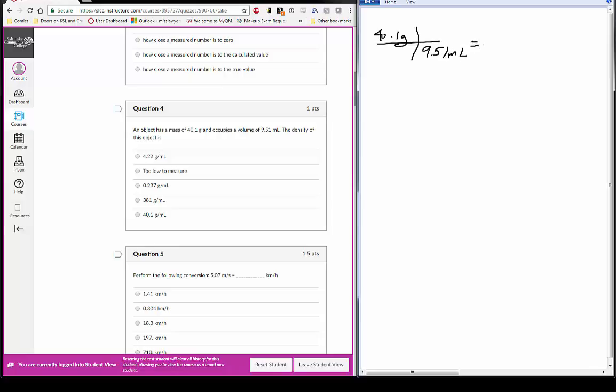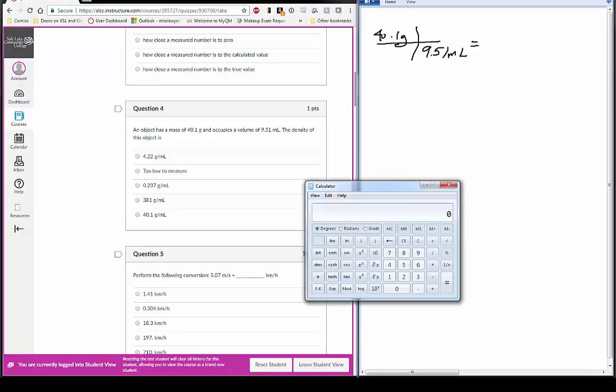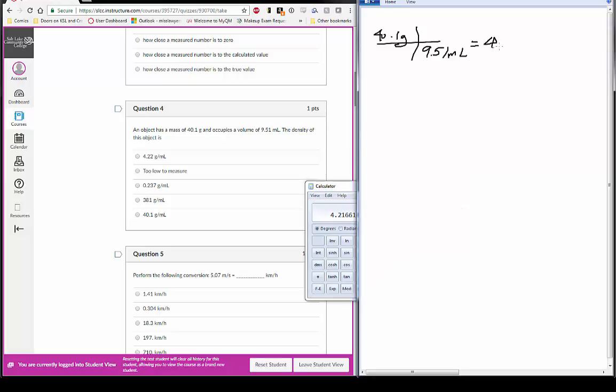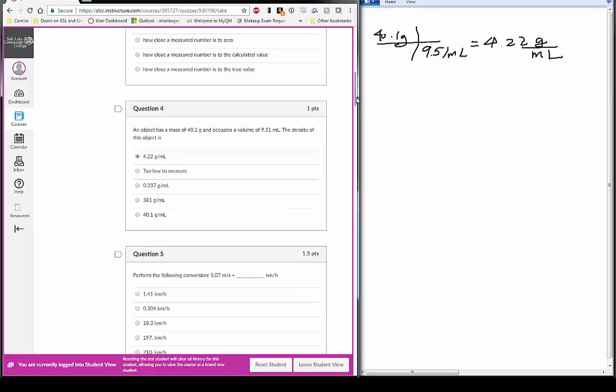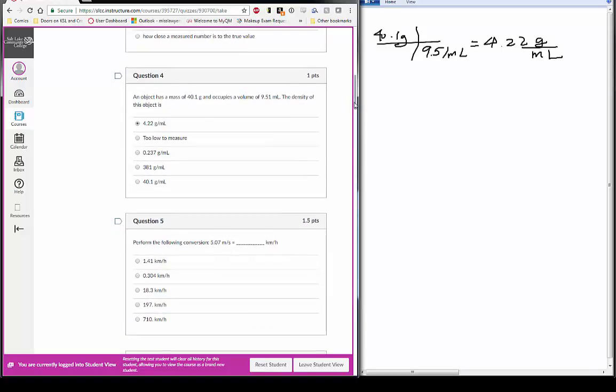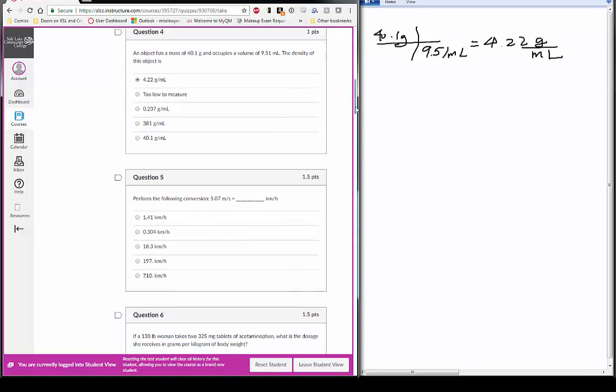I'm just setting this up so that the units end up exactly where I want them to be. 40.1 divided by 9.51 gives me a density of 4.22 grams per milliliter. I don't want you to use a formula. I want you to be able to use dimensional analysis on these types of problems.